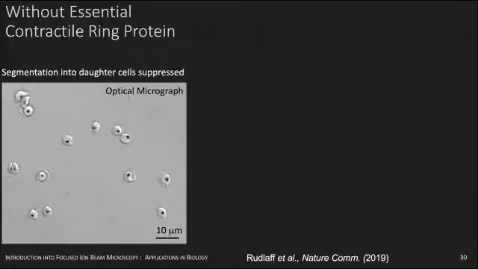So these have a strongly reduced number of that protein. And as you can see in the optical micrograph, no segmentation happened. So now the question is, what effect did the missing protein have?